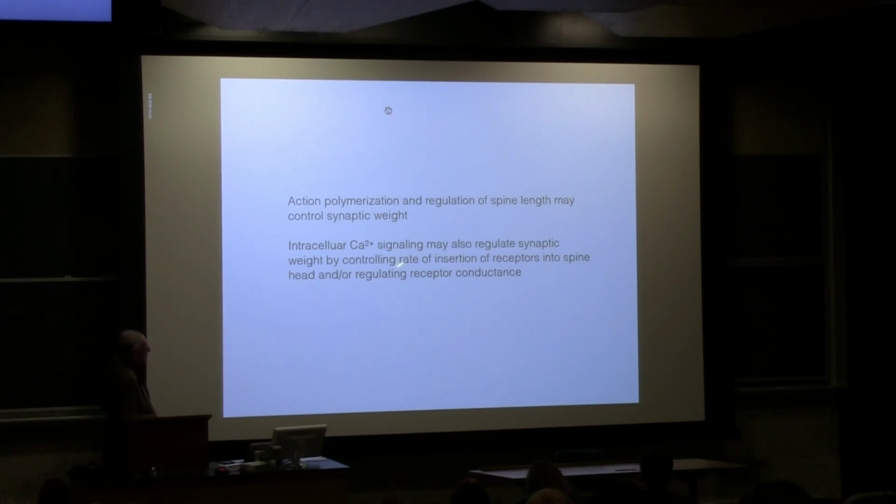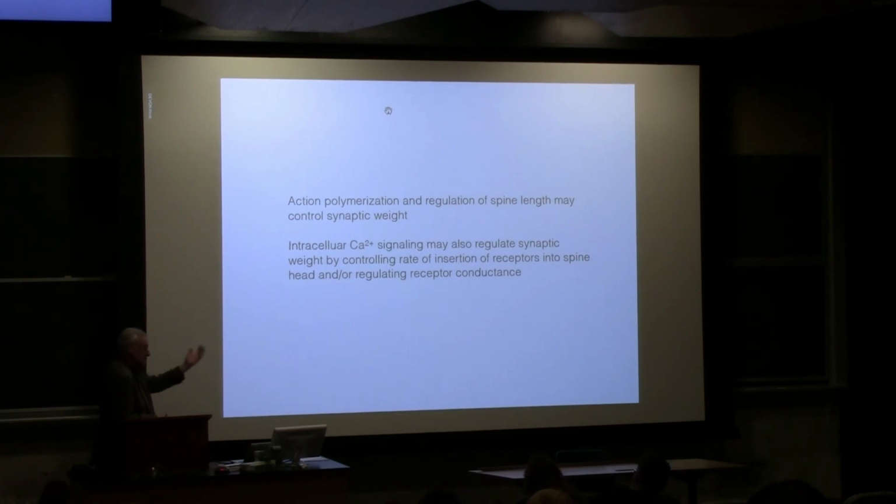But calcium levels in the spine head control the rate at which synaptic neurotransmitter receptors are implanted into the spine head membrane and control the rate at which they're removed from that membrane.